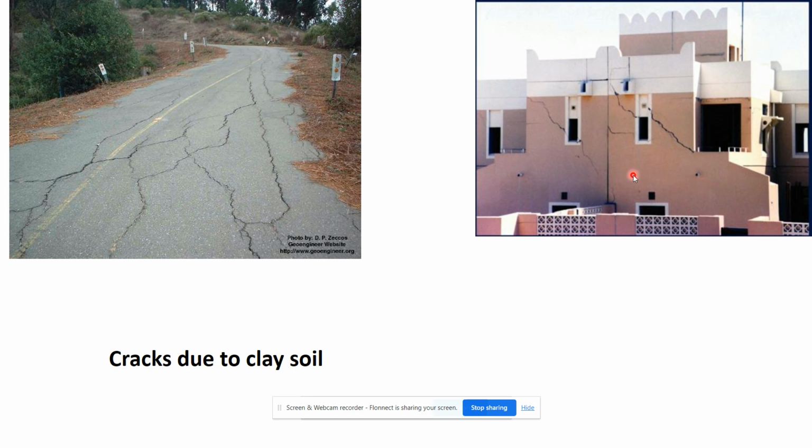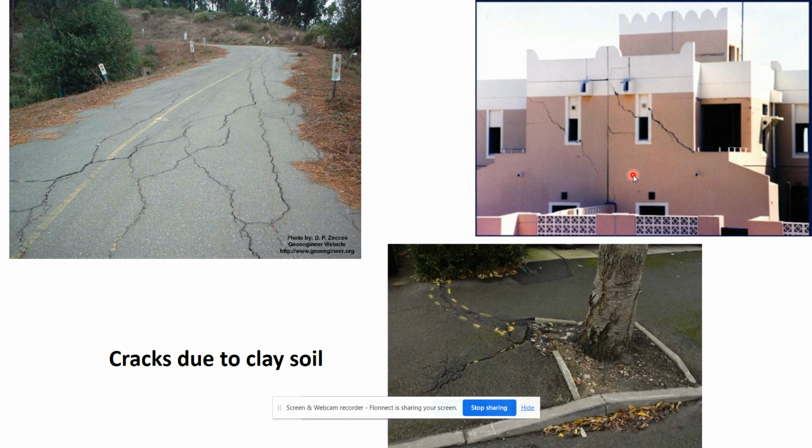These are due to the clay soil present below, which was not diagnosed or not treated properly. Because the structures are lying on the clay soil, such kinds of cracks may occur. You can see these kinds of undulations in a pavement.